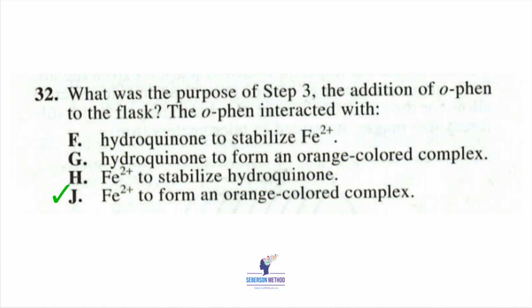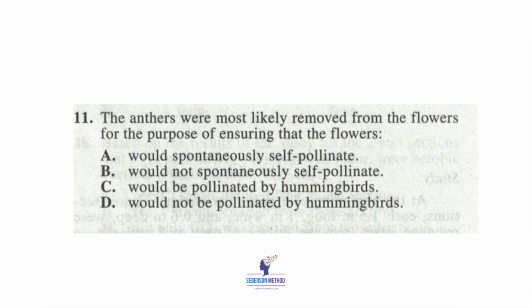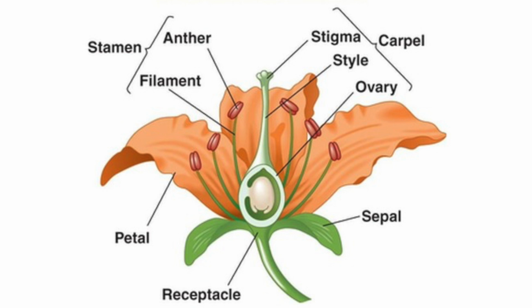One more example where you need to be looking at the passage to answer the question about the job or the purpose. Here, it's a beautiful question. It's about flowers. The anthers were most likely removed from the flowers for the purpose of ensuring that the flowers... if you have no idea what anthers look like, I'm going to show you. Don't worry, because they're used for self-pollination. But if you didn't know that, this information will be provided for you in the passage.